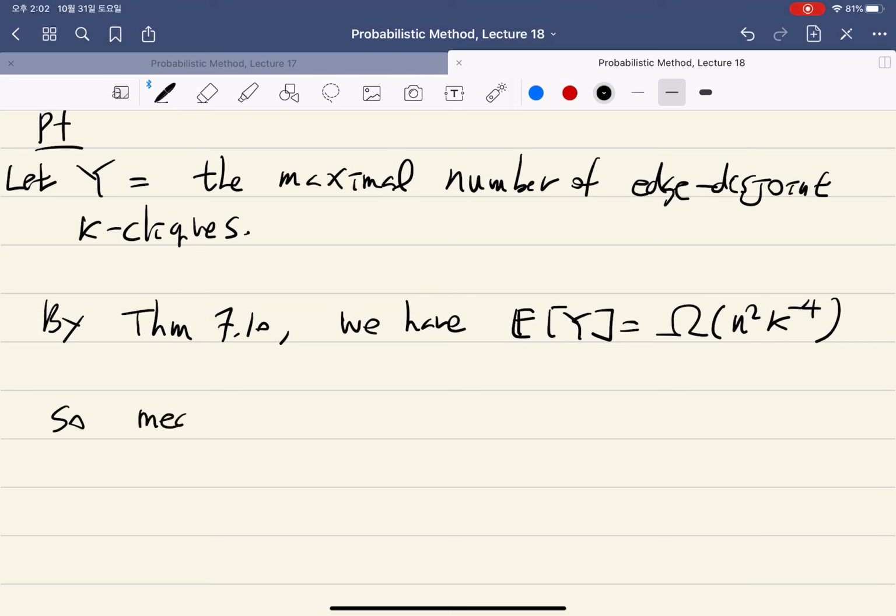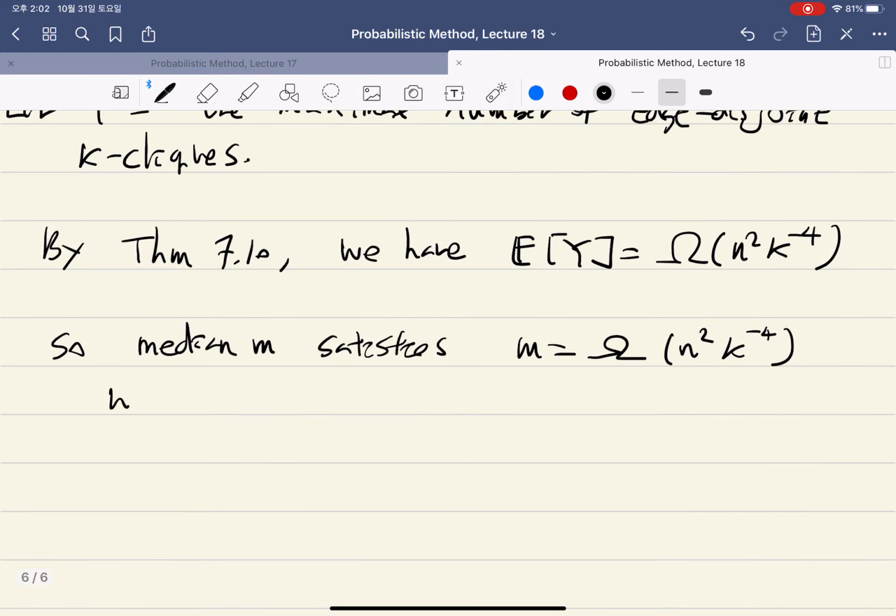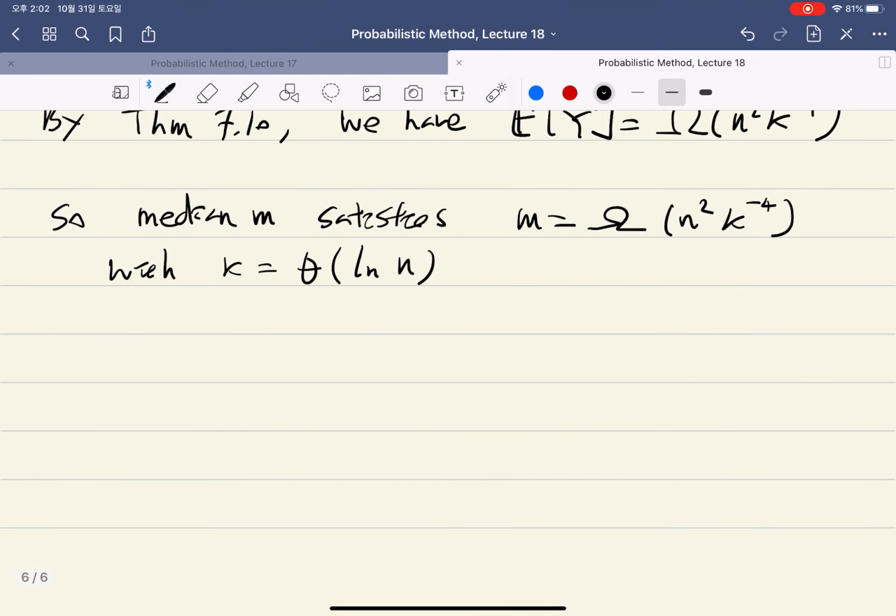So the median M also satisfies this, with k being log. And it's easy to see that Y is Lipschitz. If you change one edge, then the maximum number of edge disjoint k-cliques can change by at most one.